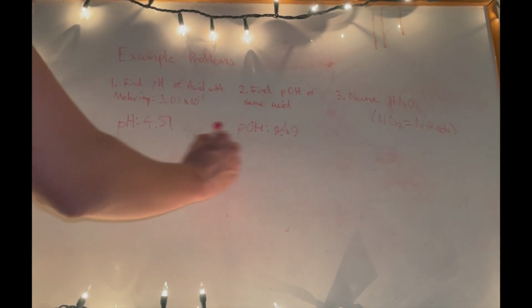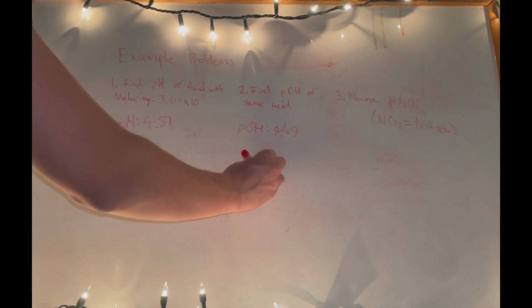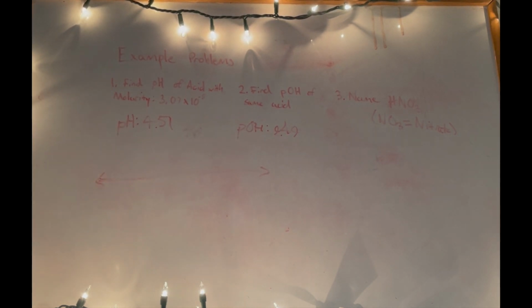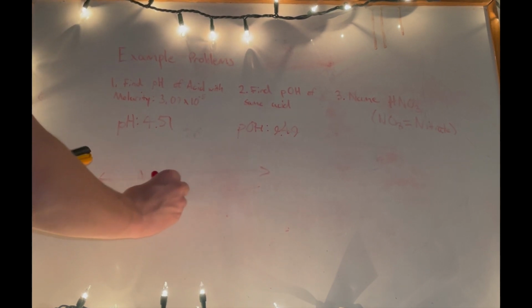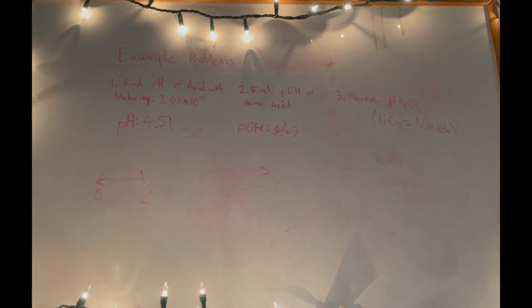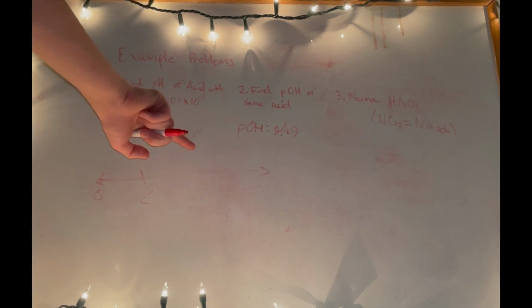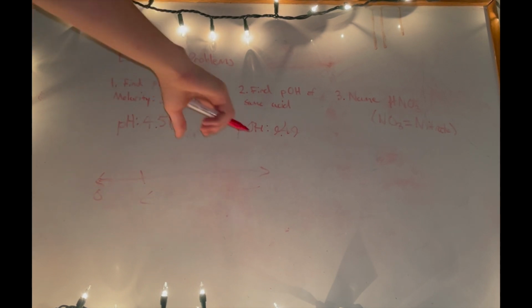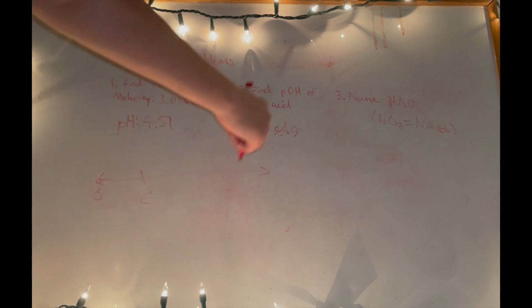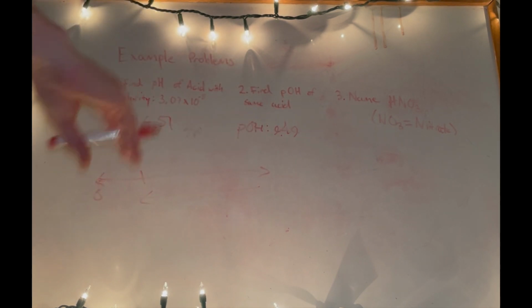So on our pH scale here, that would be 4.5 away from 0 and 9.49 away from the base of 14. So that's going to be what we get. Remember, for pH, it's going to be going this way. You are becoming less acidic. And then for pOH, going this way, you are becoming less basic and more acidic.